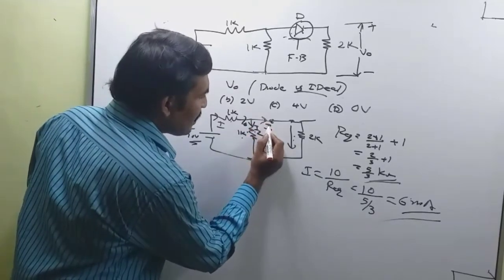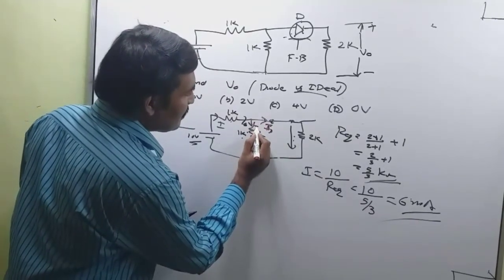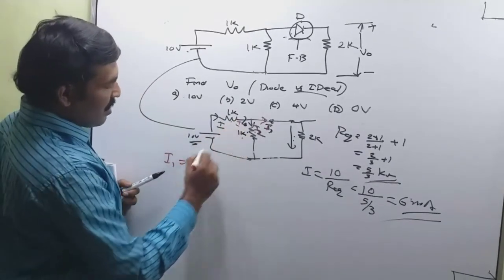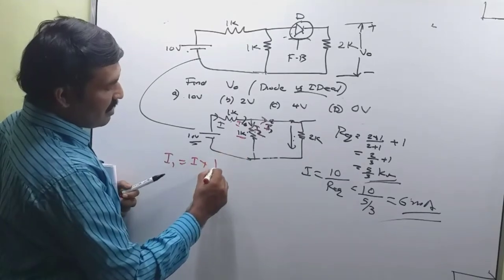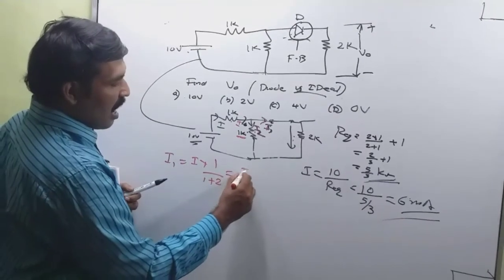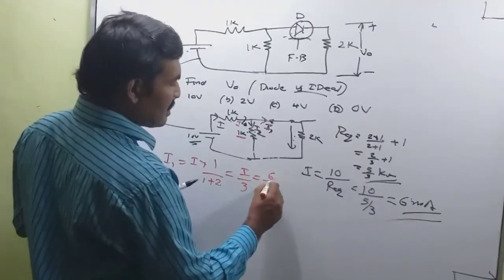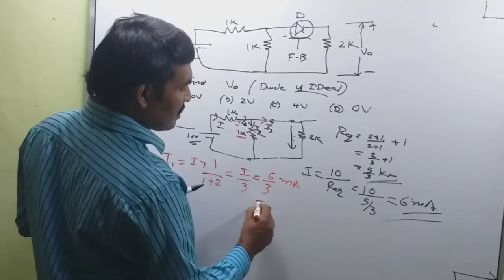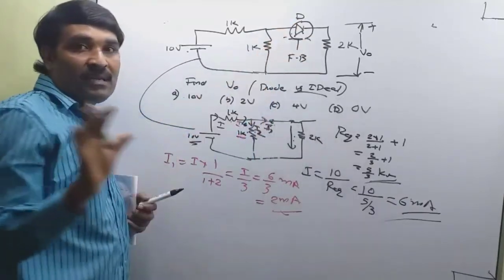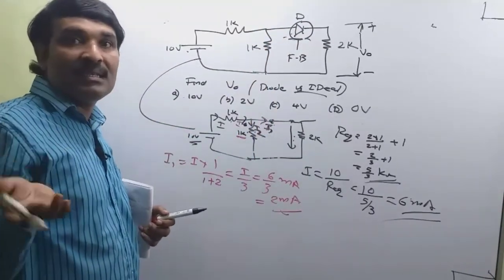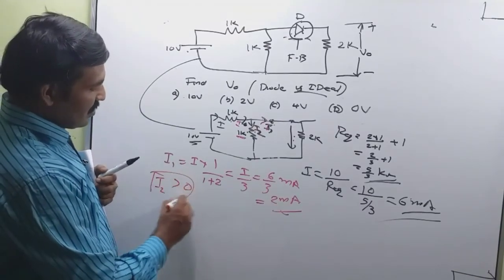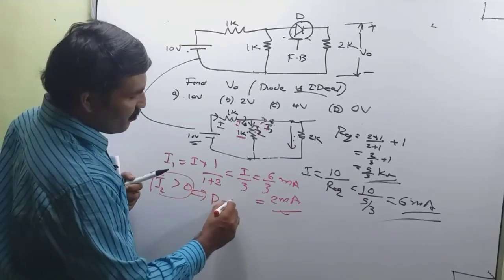Now by the current division rule, I1 is I into this resistance 1 divided by the total resistance 1 plus 2, that is I by 3, which is 6 by 3 milliamps, equal to 2 milliamps. This current is positive, that means the diode is in forward bias condition as per the short circuit test. Since I2, the current through the diode, is positive, the diode is forward biased.